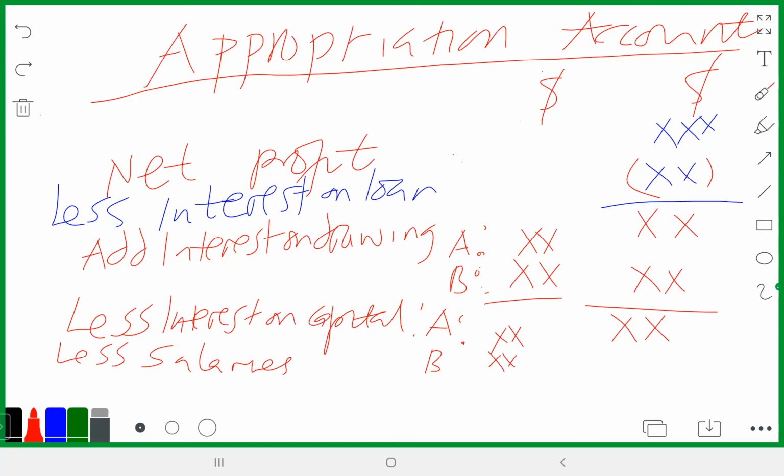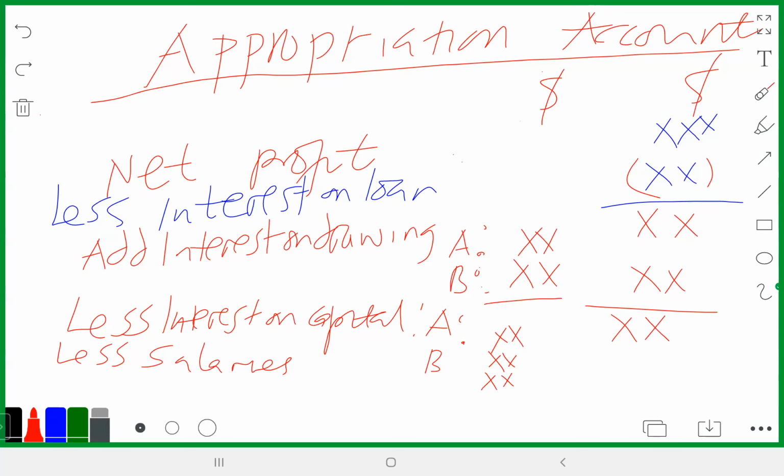After you have lessed the interest on capital, you have to less the salaries. Depending on the number of participants in the partnership, if you have maybe only 2 partners, and they agreed that one of the partners will be receiving salary, you include the salary of the partners.